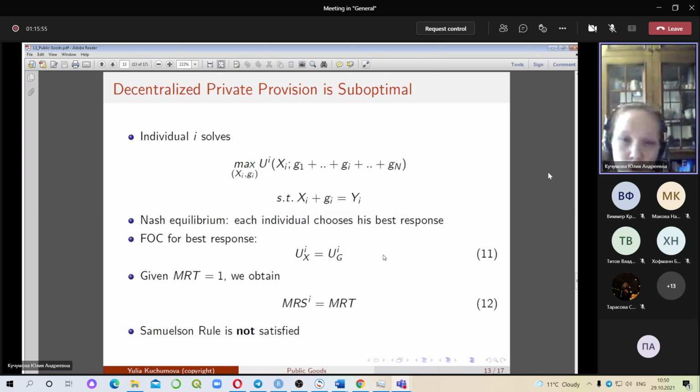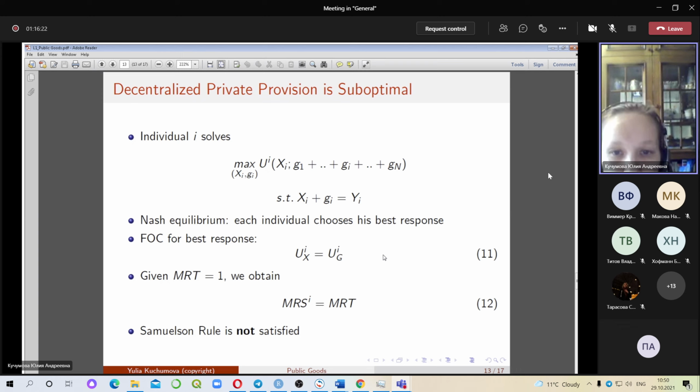So to solve this individual problem, we will use the Nash equilibrium notion, so that each individual chooses his best response, taking as given all other people's choices. This means that we maximize with respect to xi and gi.